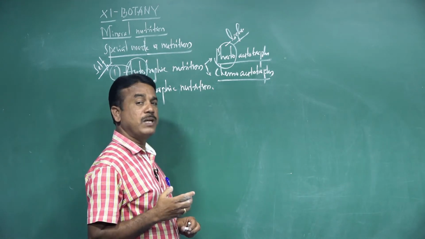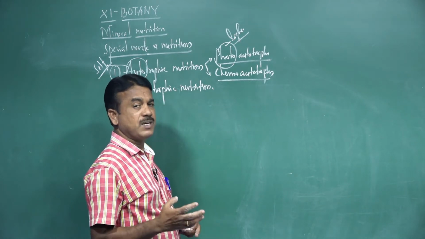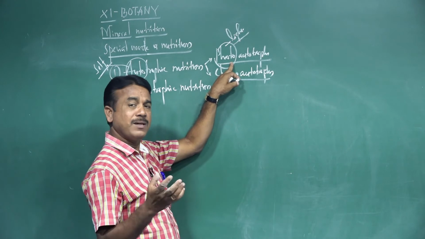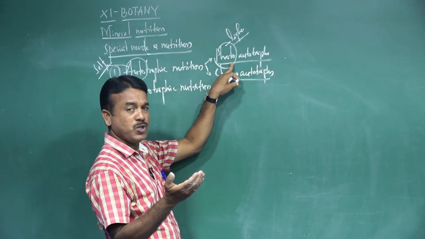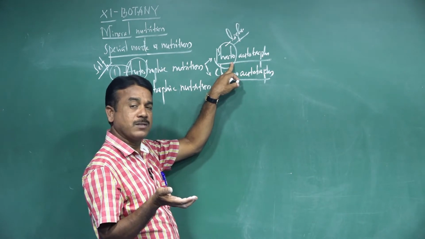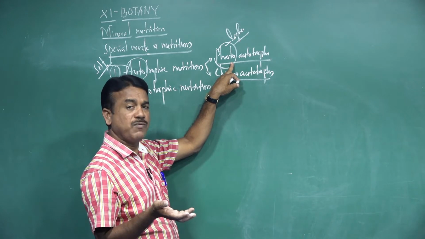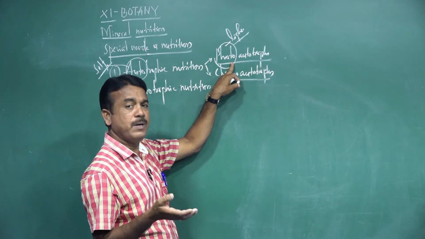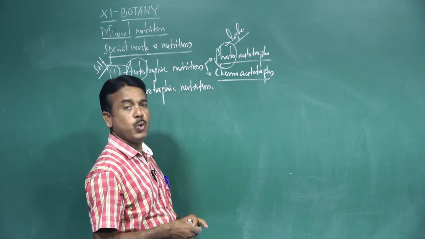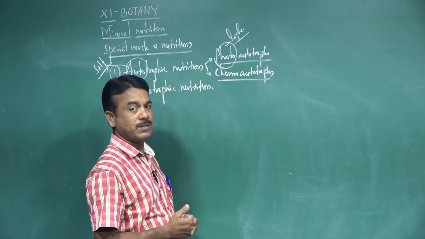All green plants are considered in this category, because green plants trap atmospheric sunlight and take up water and mineral salts. The green leaves contain chlorophyll pigments, and with the help of chlorophyll pigments, they prepare food by themselves. That is called photoautotrophs. The example is all green plants.